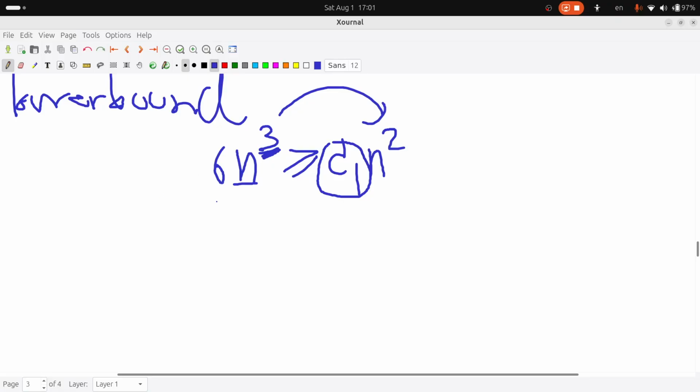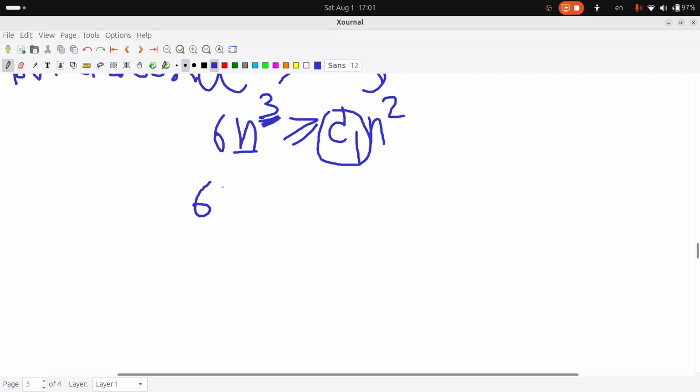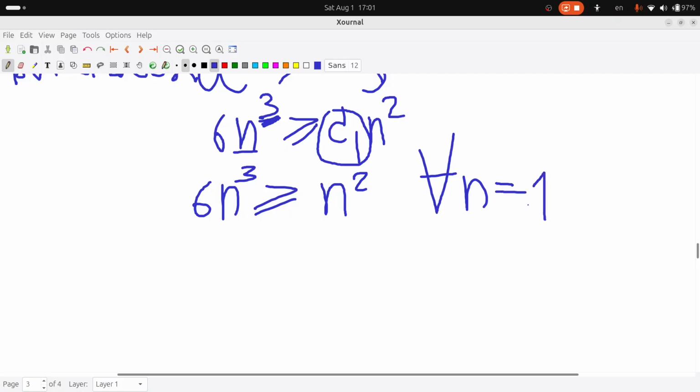It will go larger, so we can say that 6n power 3 is greater than or equal to n square for all n greater than or equal to 1. This is the starting point, and this one is 1, the constant C1. So this is C1, right?